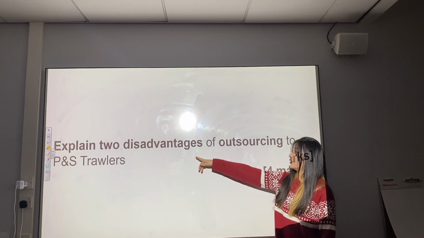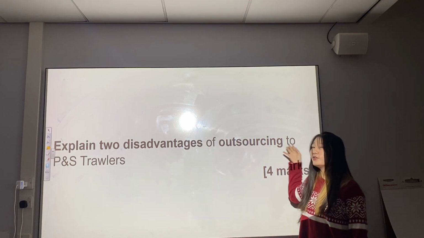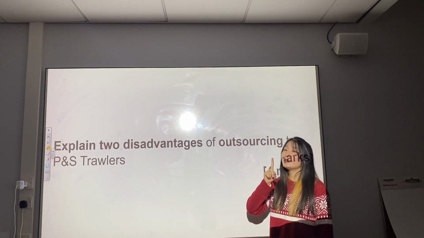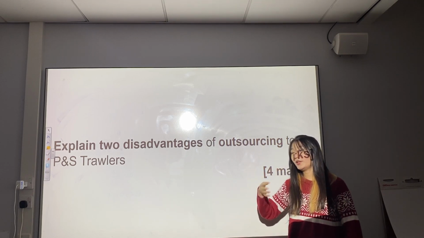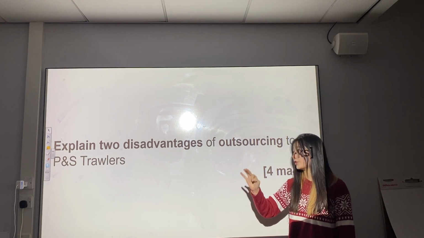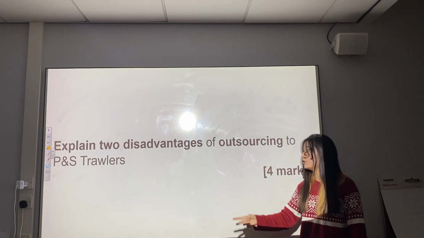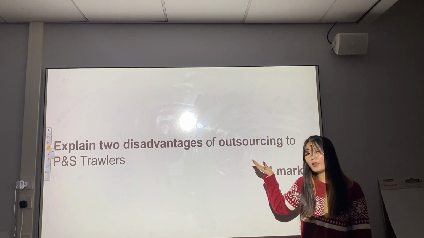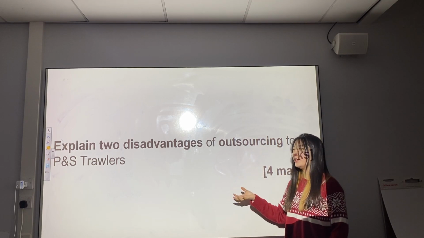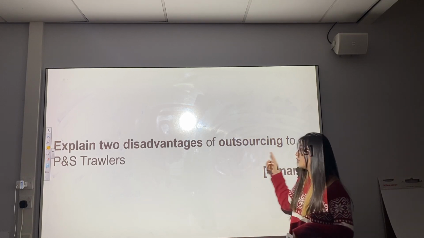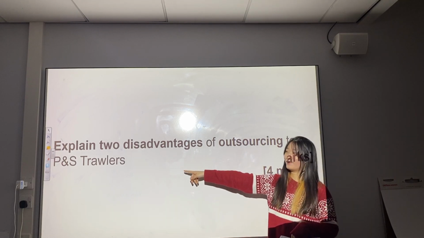Explain 2 disadvantages of outsourcing to P&S Trawlers. Okay. First it used explain, so we know that it's going to be a statement and application type of question. It says 2 disadvantages. We're going to give 2 disadvantages of outsourcing, but then we have to make it very tied into the situation that P&S Trawler is in.